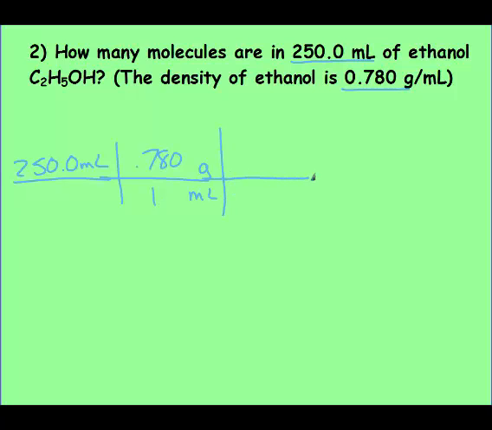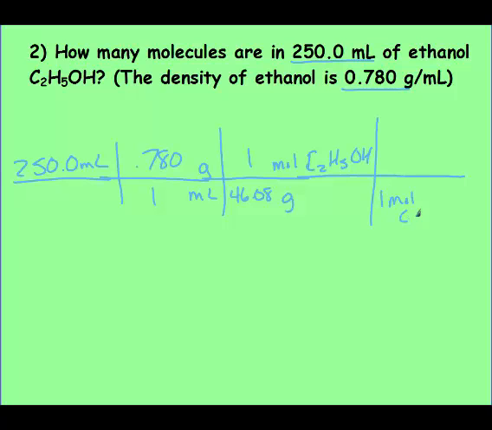Now I'm at grams, so I can convert my grams to moles. So 1 mole of ethanol I can get from the molar mass is 46.08 grams. And again, that came from the periodic table.